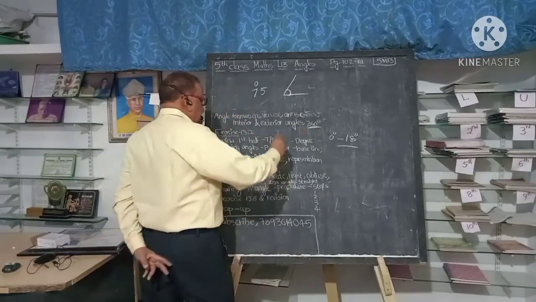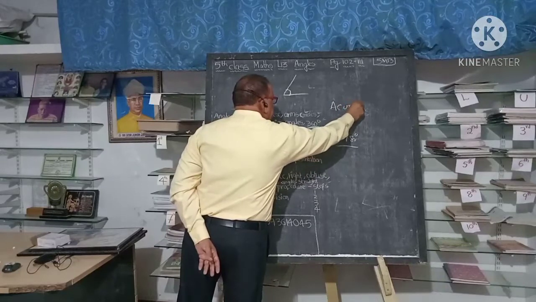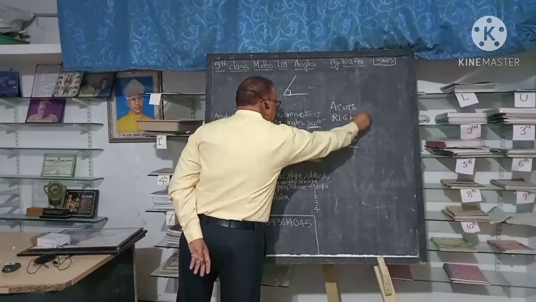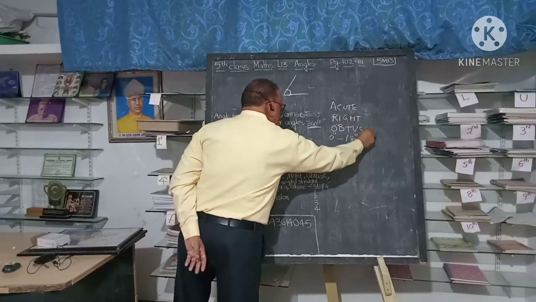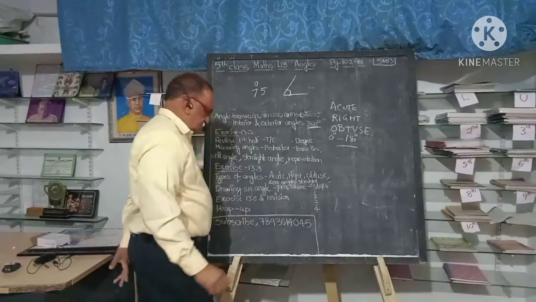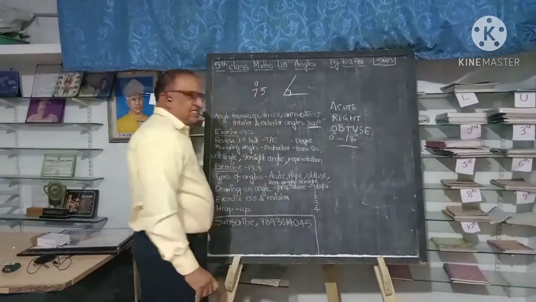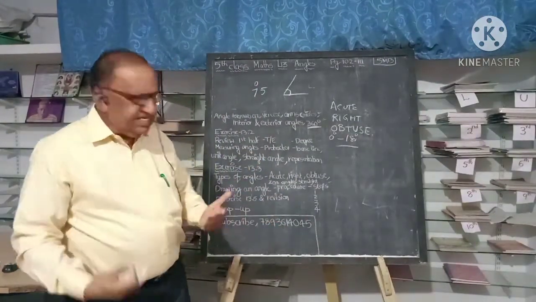What are the names? The first one is acute angle, right angle, and obtuse angle. All these angles are measured with reference to 90 degrees.